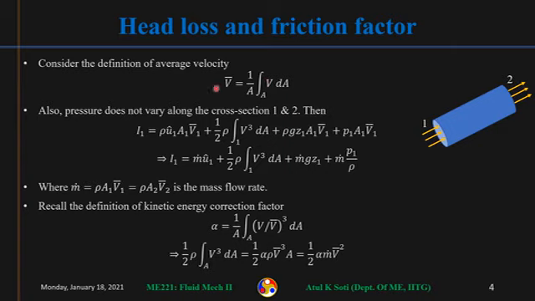So from this definition we can write the integral of VdA as average velocity times area. So the first term was rho times U1 times the integral of VdA, and the integral of VdA will become A1 V1, where V1 average is the average velocity at section 1.